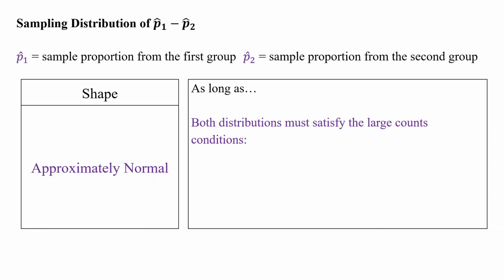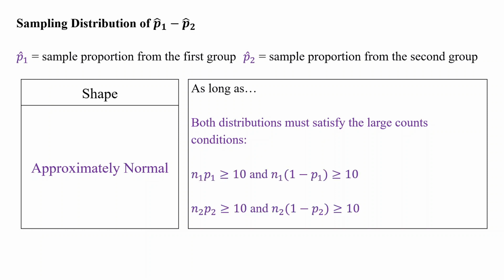Both of your population distributions must satisfy the large counts condition. So we would use n sub 1 and p sub 1 and n sub 2 and p sub 2, and make sure there are basically 4 of them: this one, this one, this one, and this one. You plug in your values and check all of those, and as long as they're satisfied, the combined distribution will be approximately normal.